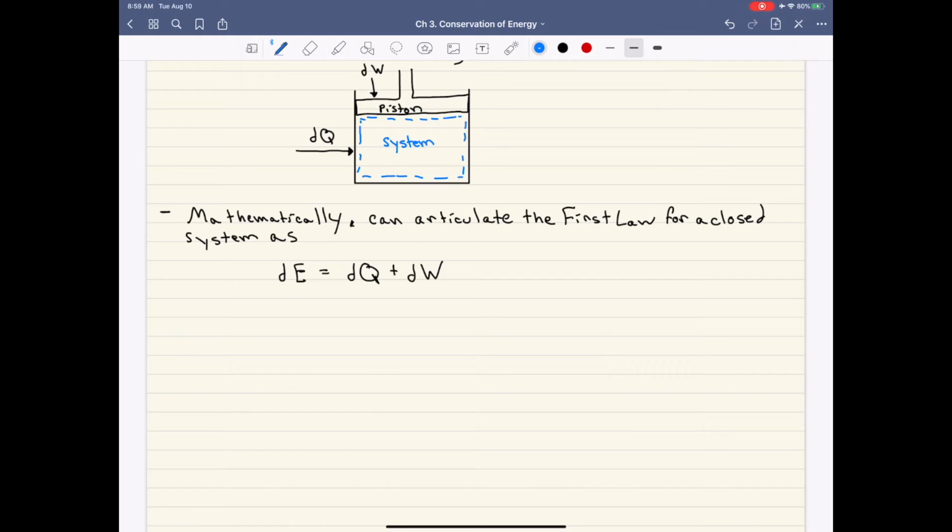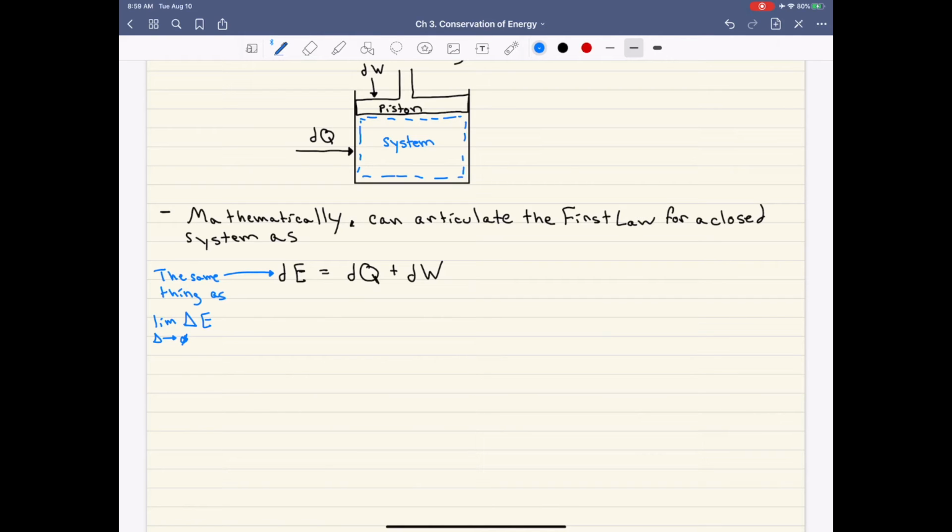It might be a little abstract to think that way at first, because it's slightly different from what you saw in Mass and Energy Balances 2. But the very simple way to think of this is that anytime you see these d's, that's like saying that you have a delta. Instead of the derivative of energy, you could think of it as delta E, but a delta E in which your delta is infinitesimally small.